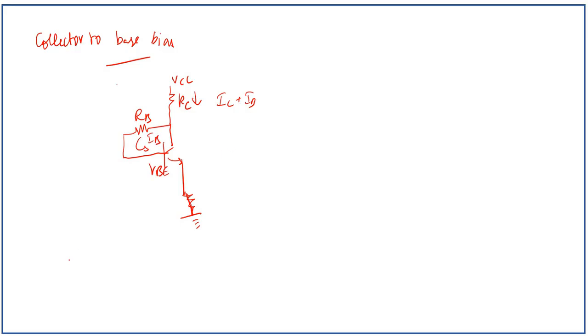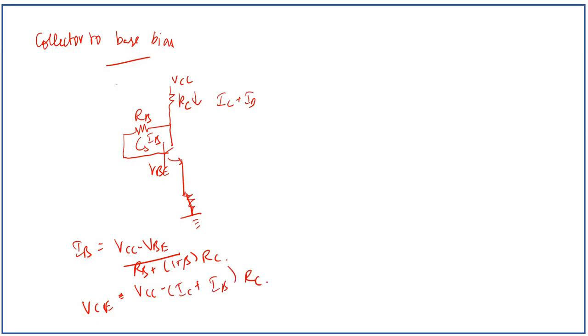So on writing KVL, we get IB equal to VCC minus VBE divided by RB plus 1 plus beta into RC, and VCE equal to VCC minus IC plus IB into RC.